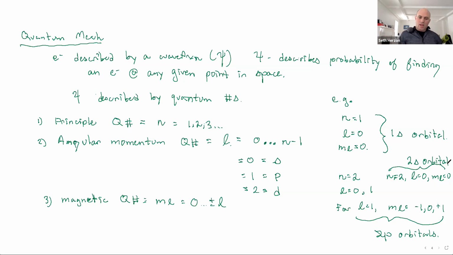If this is confusing, we can talk about it any time. You don't need to know this rigorously for organic, which is great. You just need to know that when we draw these orbitals, there's a sound quantum molecular basis for drawing them. So what do these orbitals look like?